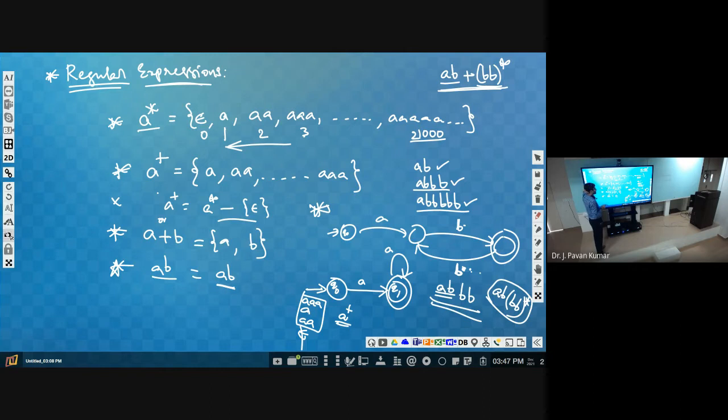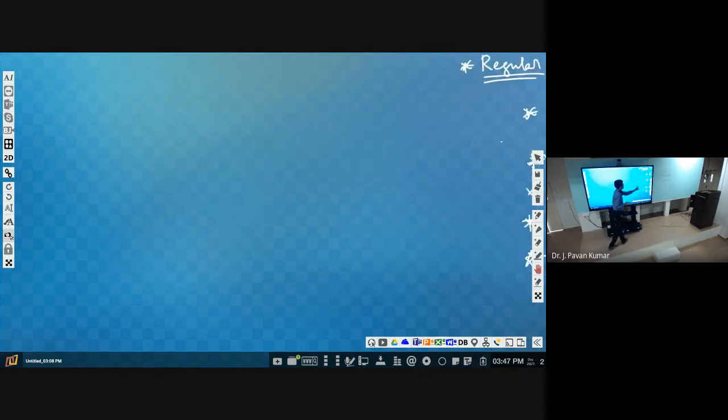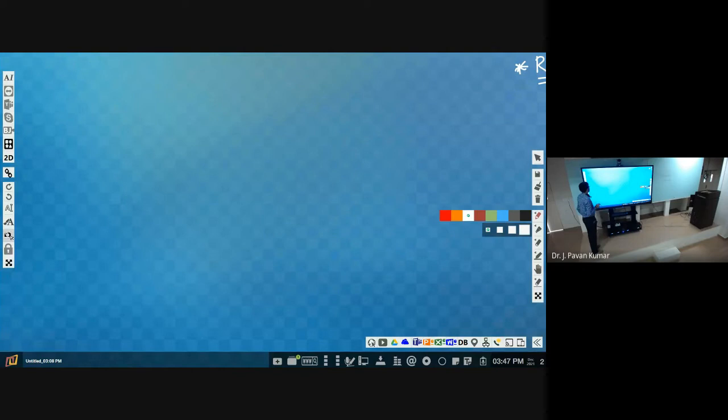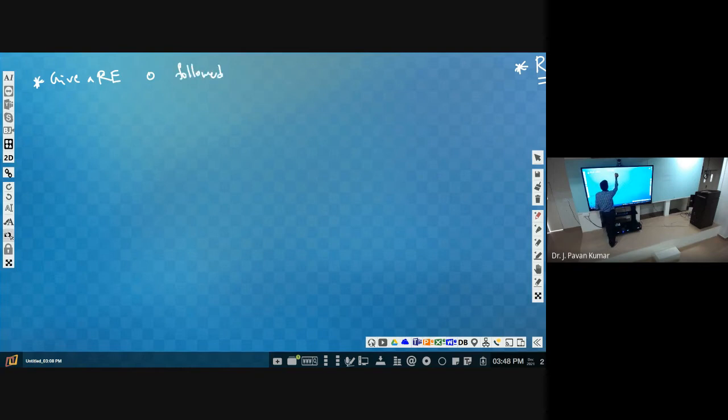On the other hand, we will be working out like this: give a regular expression where we have strings which accept 0 followed by an even number of ones, or 0 followed by double one.